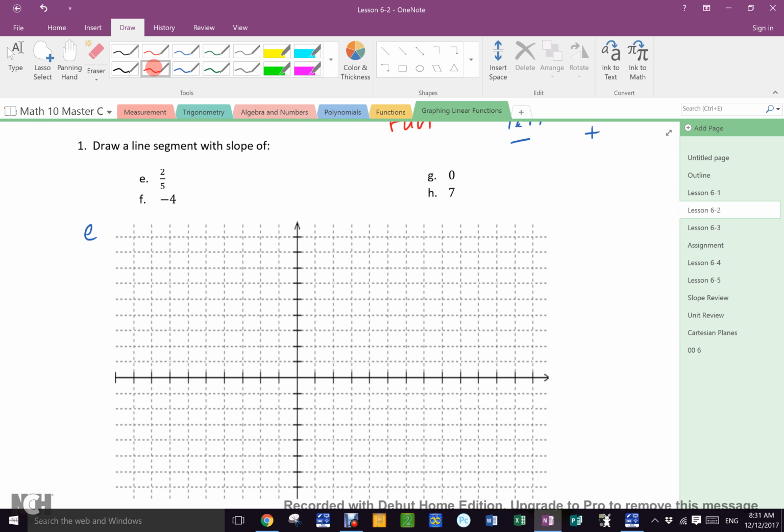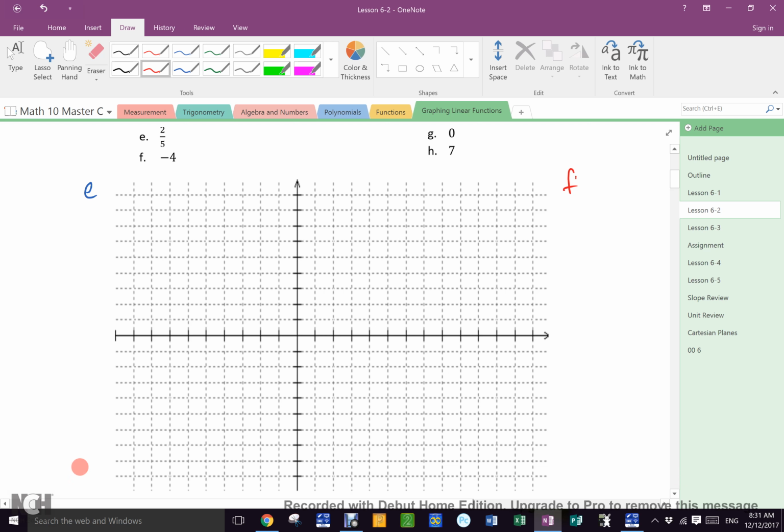Then put F over here. Put G down here. And put H over here. So just put a dot anywhere in each quadrant and label it.